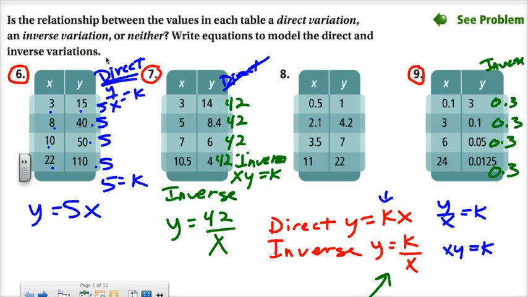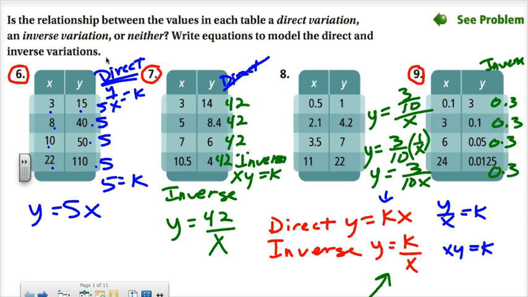So that means these are inverse. This is an inverse variation model. So for this one, I want to write y equals k over x, and my k value is 3/10. Now, you do not put a decimal inside of a fraction. So what I have to do here is use a fraction, and then multiply by the reciprocal to get this to look as it should, which is y equals 3 over 10x.